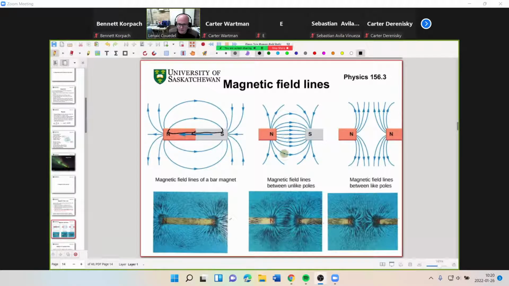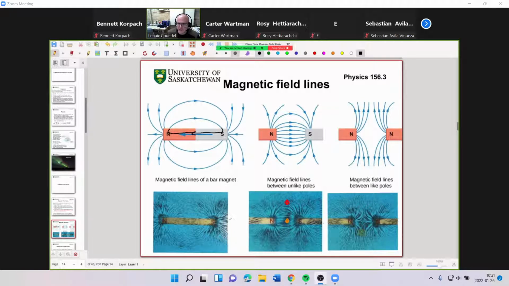If you see my pointer, is the magnetic field stronger at the red dot or at the orange dot? Orange dot? Yes, it will be stronger at the orange dot. As you can see here, the density of magnetic field lines is higher right in between the two magnets, so at the orange dot.